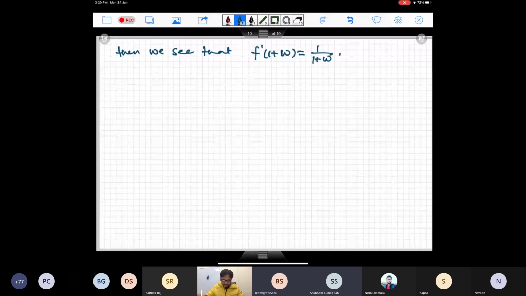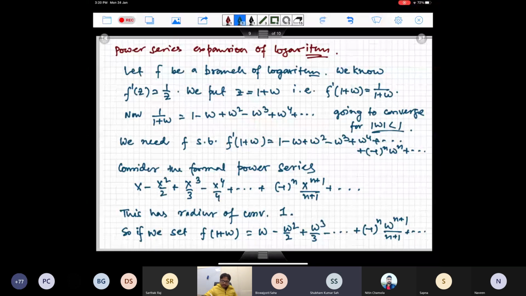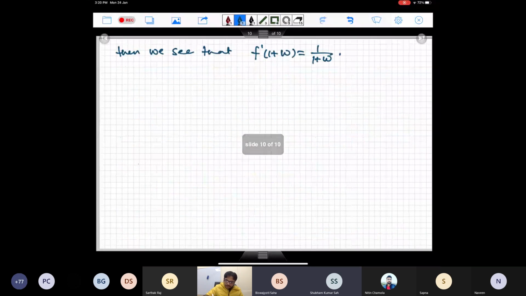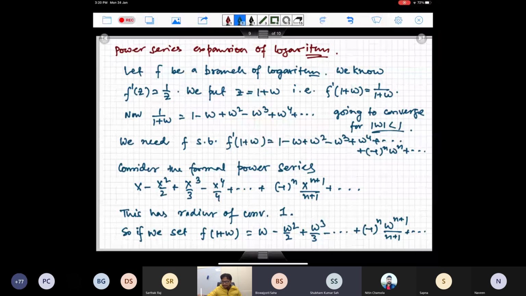Do you agree to this? That if I take my little f of 1 plus w in such a way that it is like this, then f prime of 1 plus w will be 1 upon 1 plus w. Yeah, do you agree to this? Because I can take term by term differentiation and I'm going to exactly recover this, correct?